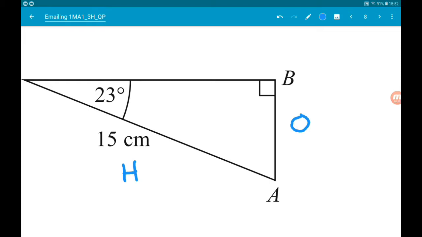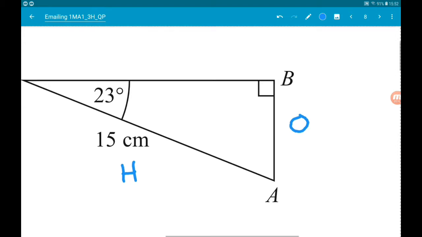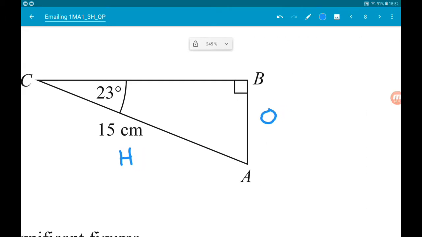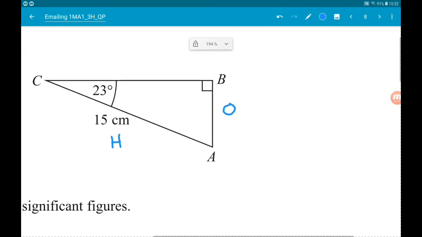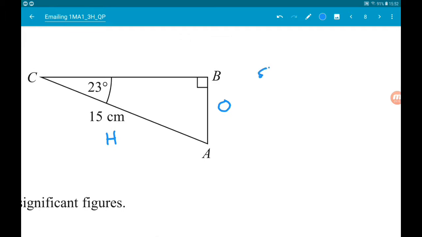So we then go to SOHCAHTOA. My playlist on this is down below, by the way. So, do we want SOH? Yes, we do. So, SO tells us sine of the angle is equal to the opposite over the hypotenuse. So we know that sine 23 is equal to the opposite divided by 15.